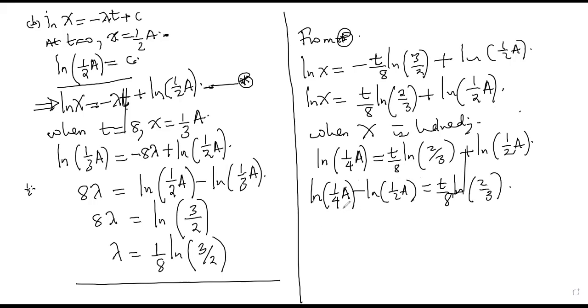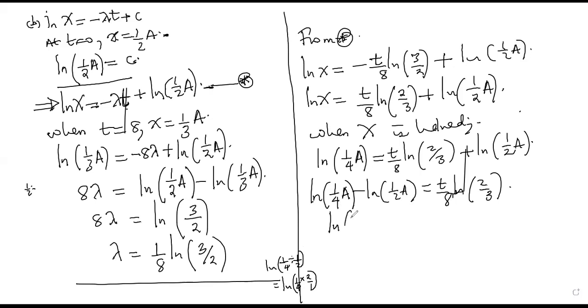So this is the same as ln a quarter divided by a half. So this is ln a quarter times 2 over 1. So I'm having ln 2 over 4. Yeah, I'm having ln 2 over 4.